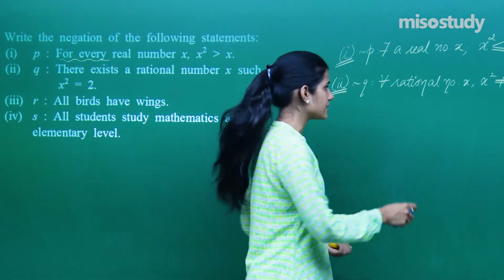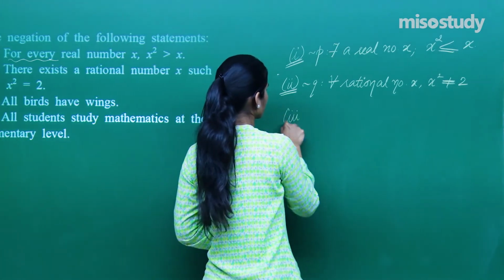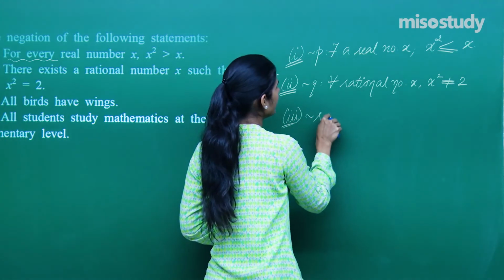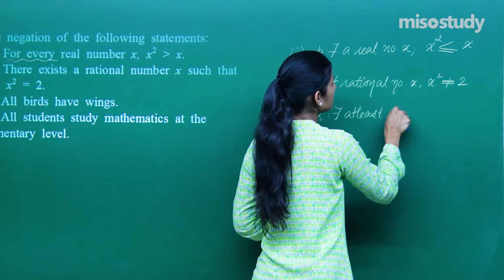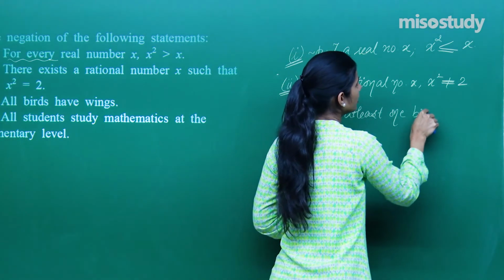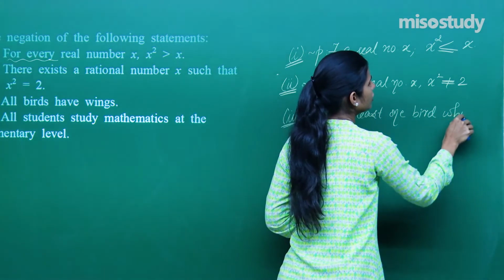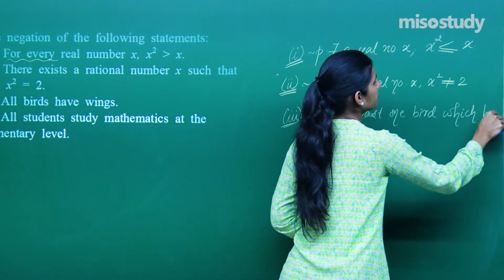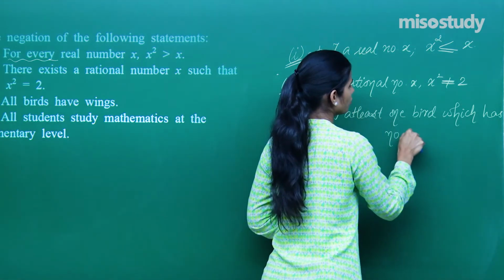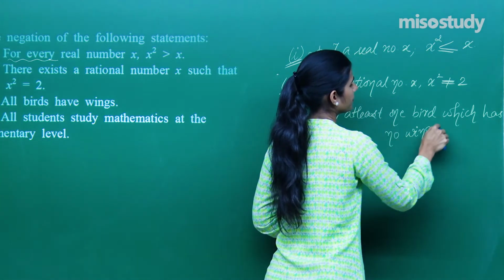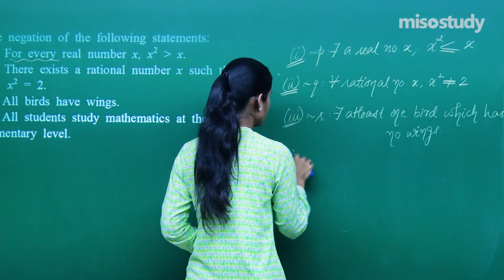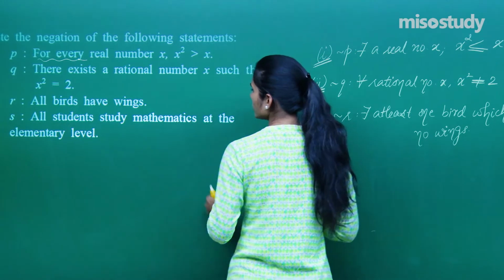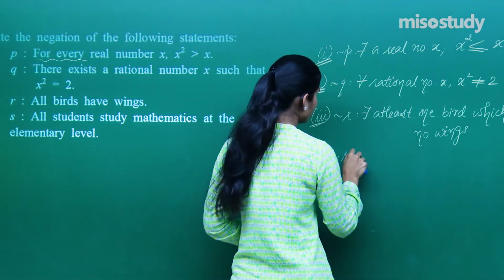All birds have wings. The negation is, there exists at least one bird which has no wings. Fine, this is the negation. And then you have, all students study mathematics at the elementary level.